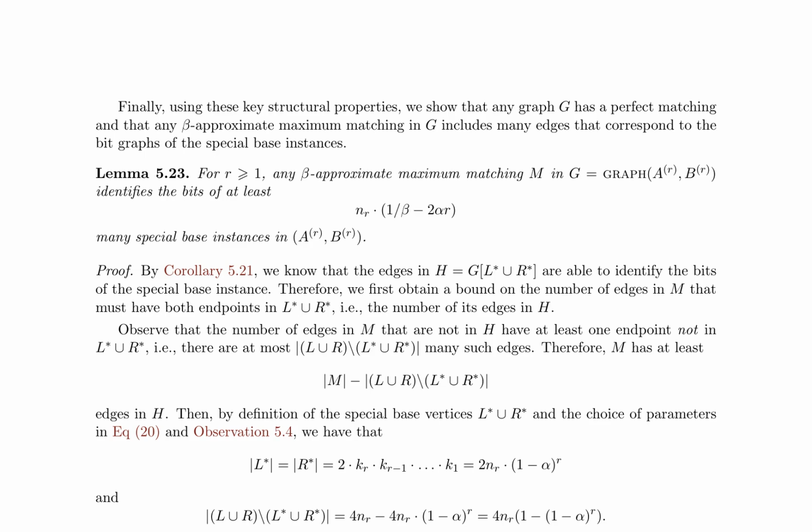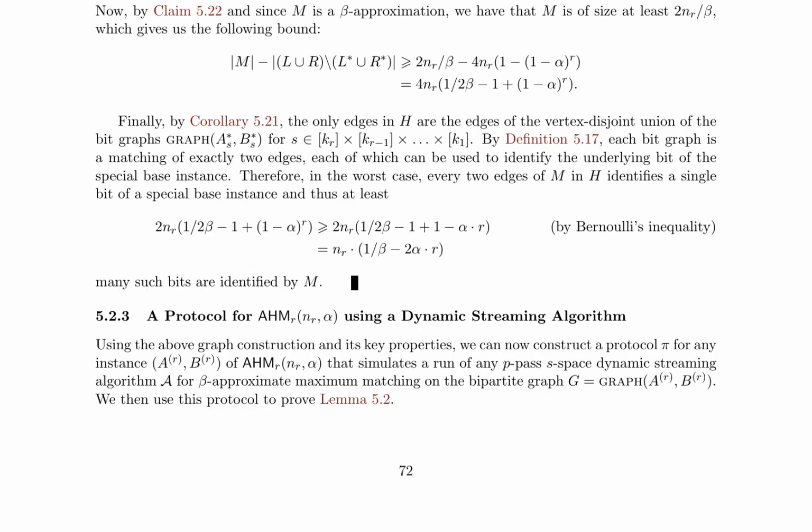To prove these properties, the authors use an inductive approach, starting with the base case when r equals 0 and then showing that the properties hold for r greater than or equal to 1. They also provide a protocol pi for any instance A_r, B_r of AHM_{r, n_r, alpha}, that simulates a run of any p-pass s-space dynamic streaming algorithm A for a beta approximate maximum matching on the bipartite graph G. This protocol is used to prove lemma 5.2, which states that the AHM problem can be solved using a dynamic streaming algorithm.